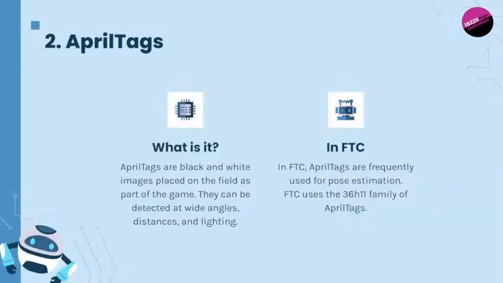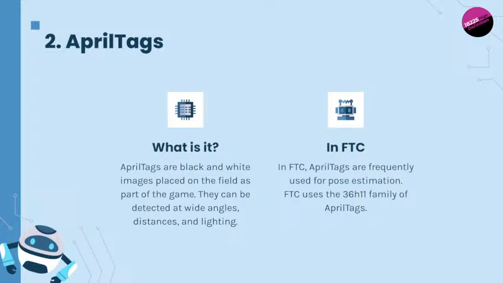So, AprilTags. AprilTags are like a 2D barcode, black and white images placed on the field. The good thing about them is that their shape and size are really consistent, so they can be detected at wide angles, and because they're black and white, they work well in a variety of lighting.